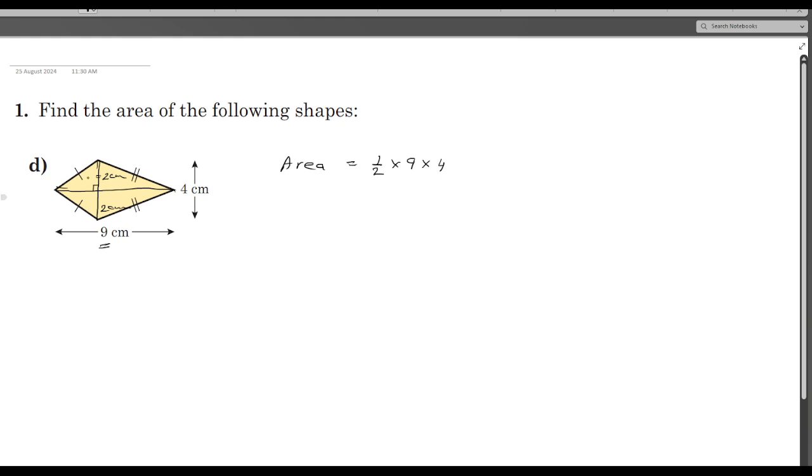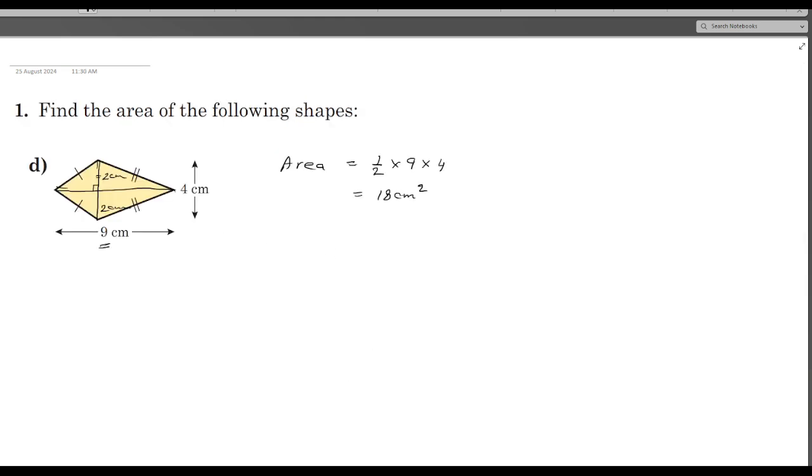That means in case of a kite we can use the formula half into longest diagonal times shortest diagonal. So this will give you the result as 9 times 2, which is 18 centimeter square. So this is your first question, where you have to simply find out areas.